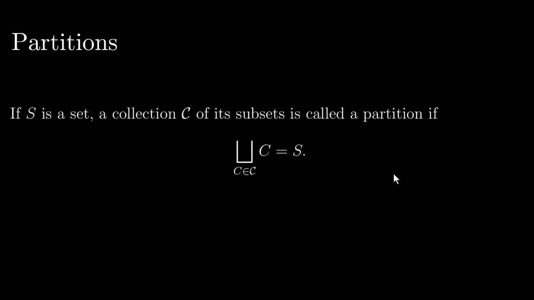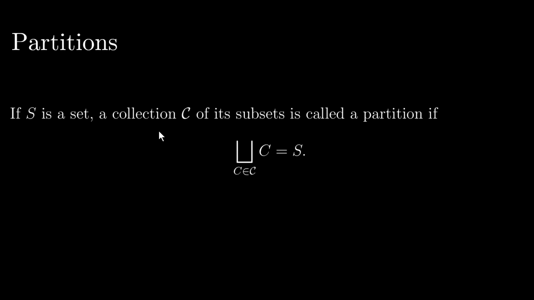Now, let's introduce the concept of a partition. If S is a set, a collection script C of subsets is called a partition if the union of all the sets in script C is equal to S, and this funny little union symbol, angled instead of smooth, just means that each of the sets in the partition script C are disjoint, okay?